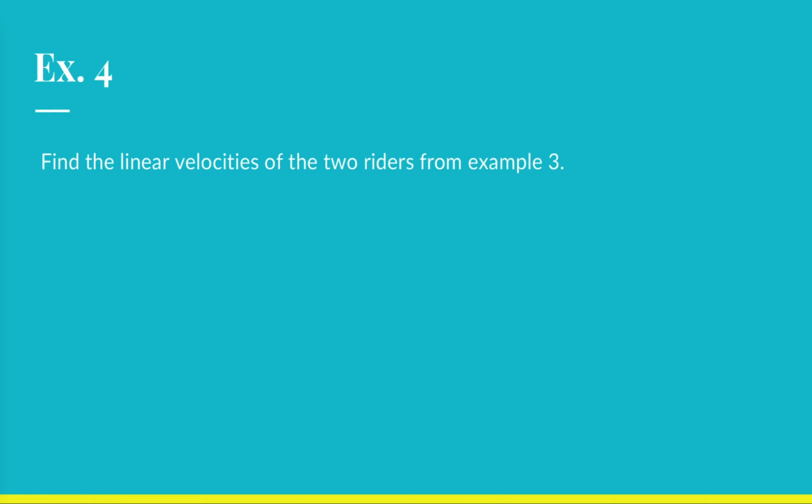So the linear velocity of the two riders from example 3: their angular velocity was 0.27, and the first rider had a radius of 11 feet, so her linear velocity is 0.27 times 11, which is 2.97, or about 3 feet per second.